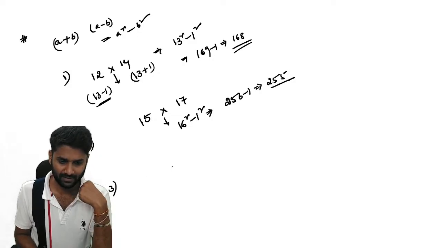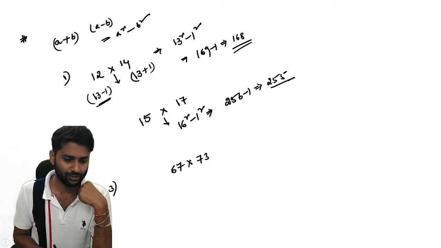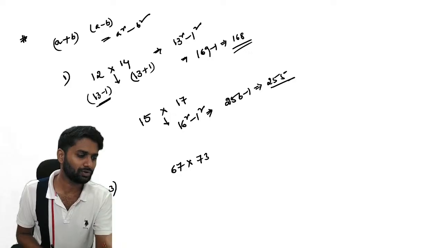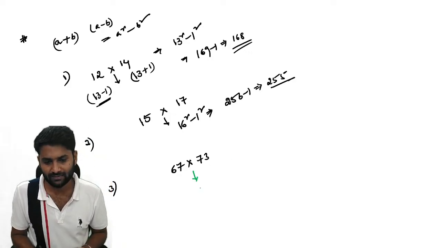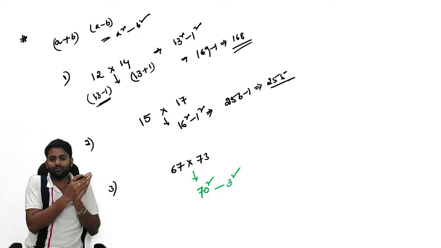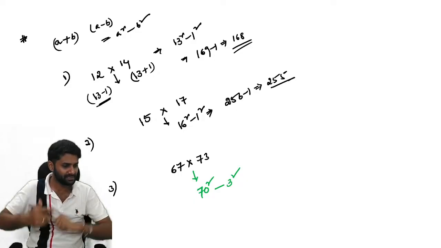Let me take another one. If 67 is multiplied with 73, both must be even or both must be odd in the multiplication. Now, what is the mean value here? It's 70, right? Then the answer is 70 square minus 3 square, because 67 is 70 minus 3 and 73 is 70 plus 3.